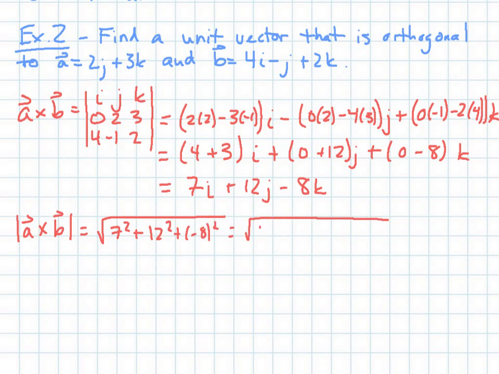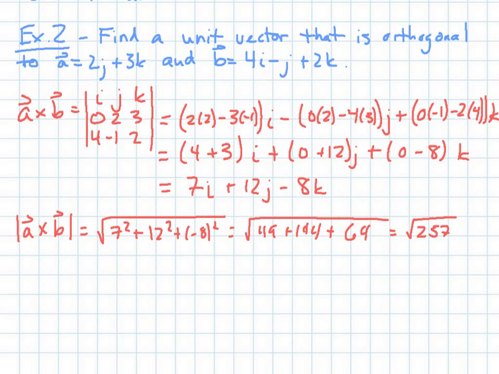That gives me 49 plus 144 plus 64. If I add that all up, it gets me 257. Now, 257 doesn't have any reducible values, so I can't take anything out of the square root. It's just a prime number, so I'm just going to leave it as that.